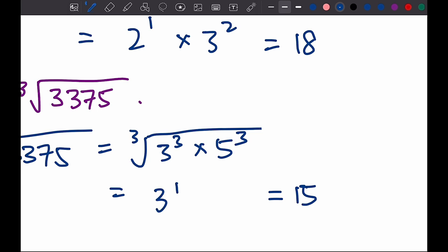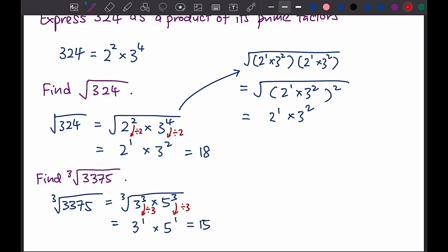So we're going to get 3 to the power 1 and 5 to the power of 1 over here for cube root of 3375. Alright, so cube root of 3375 equals cube root of 3 to the power 3 times 5 to the power 3. Divide both powers by 3, and we're going to get 3 to the power 1 times 5 to the power 1, which is just 15 as the final answer.